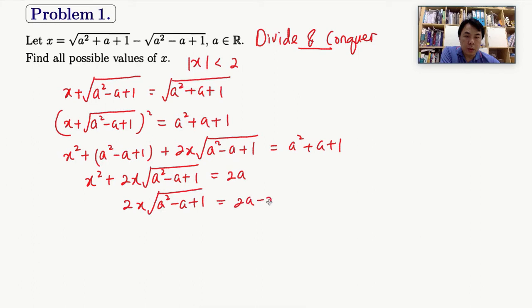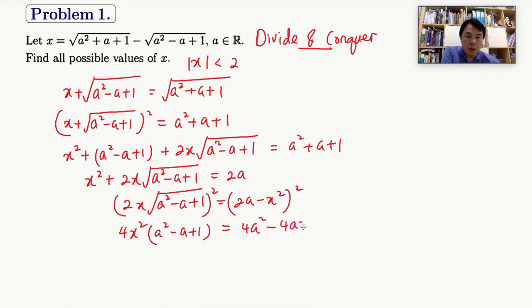That will be 2a minus x squared. Now we're going to repeat the same procedure by applying a square onto the left hand side expression and the right hand side expression. We will end up with 4x squared times a squared minus a plus 1. On the right hand side we have 4a squared minus 4ax squared plus x to the fourth here.